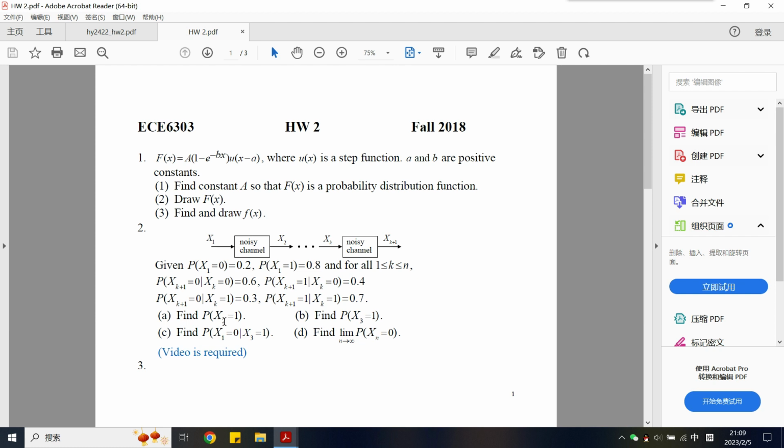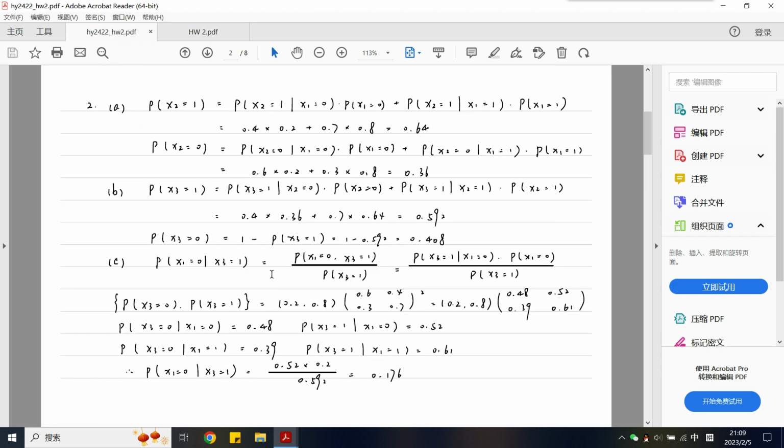So the third question is to find the probability that x1 is 0 given that x3 is 1. Firstly, we simplify this probability.